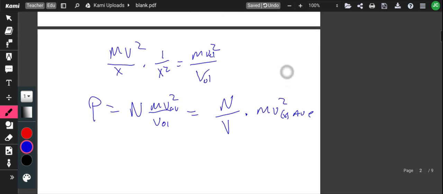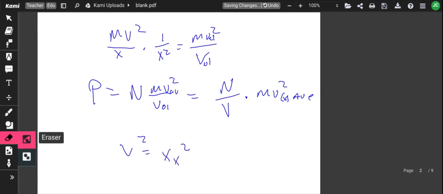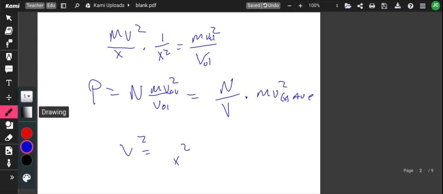Now, these average velocities would be something like v squared is equal to vx squared plus vy squared plus vz squared. Then you would take the square root and find the average velocity.